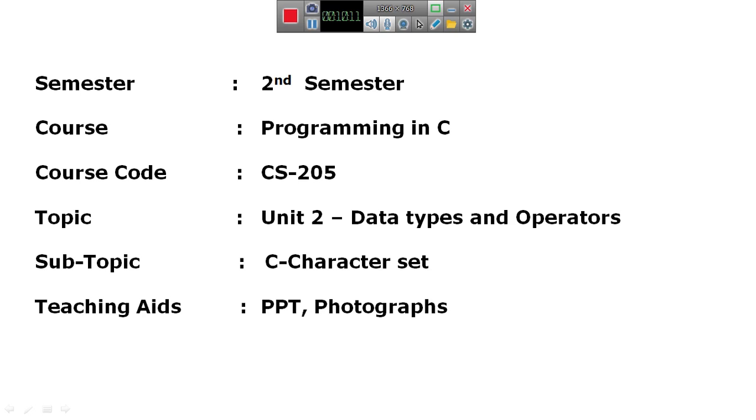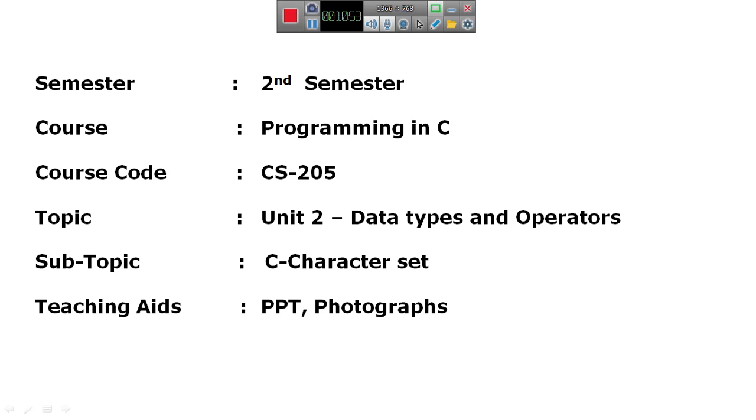Assembly language is converted into machine language with the help of an assembler, and high level languages are translated into machine language with the help of an interpreter and a compiler. A small difference is there between the interpreter and compiler.